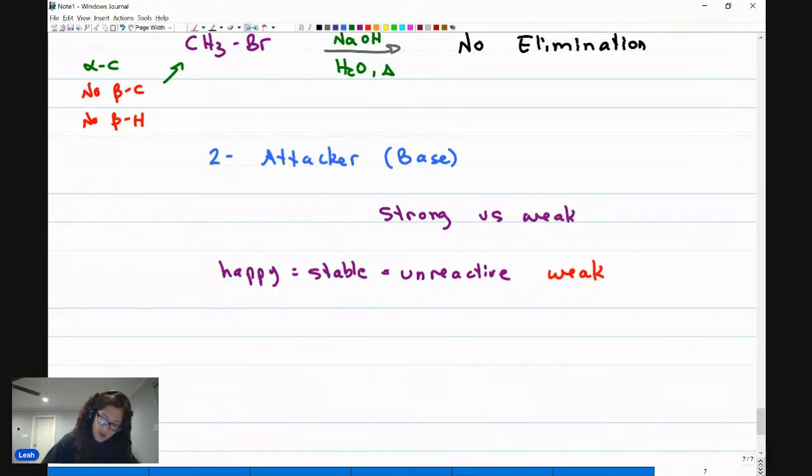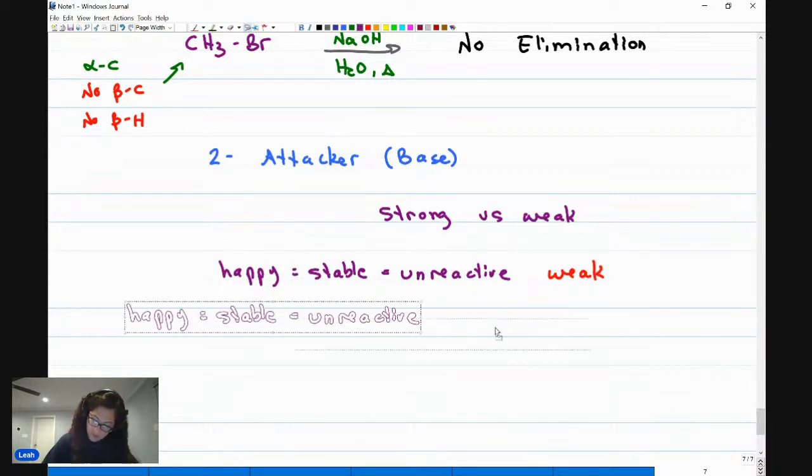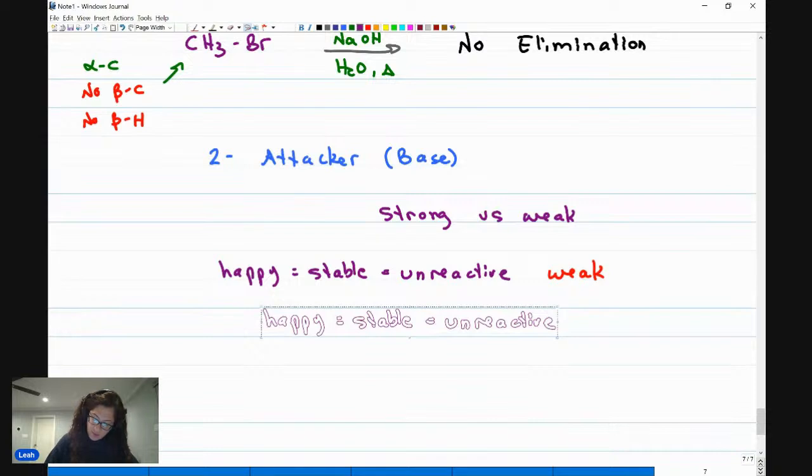But if I'm looking at a molecule that is, where did that go? That's the wrong button. Here we go. If I am looking at a molecule that is unhappy, that makes it unstable, and that makes it reactive.